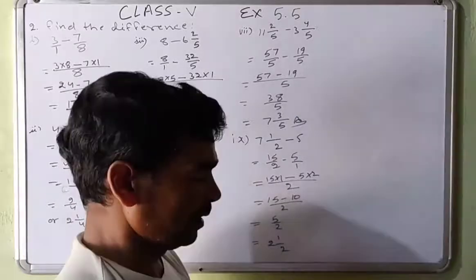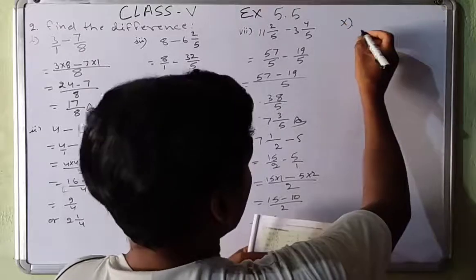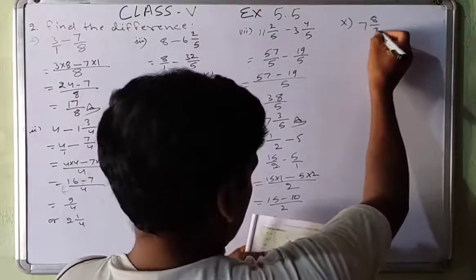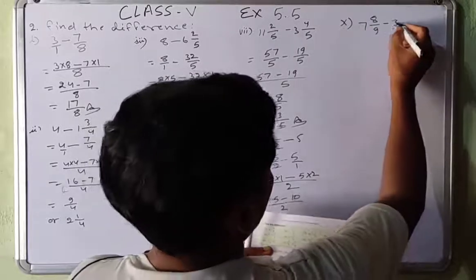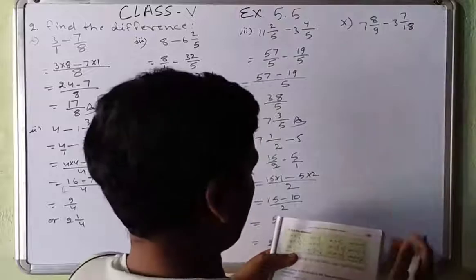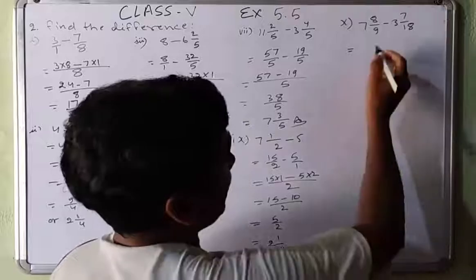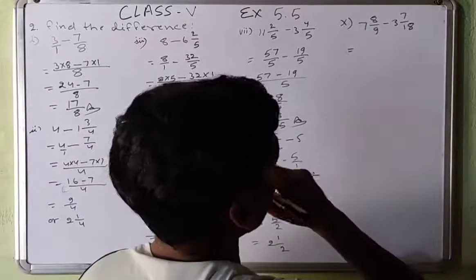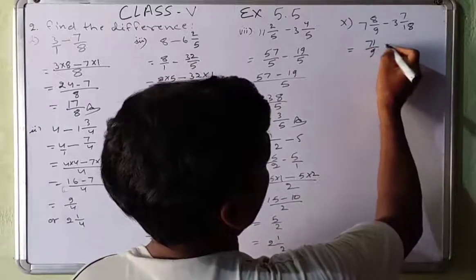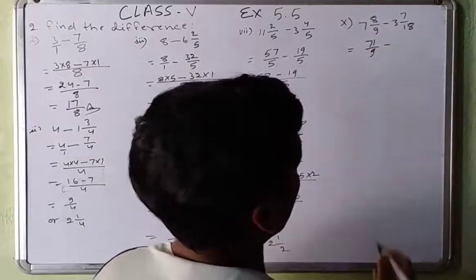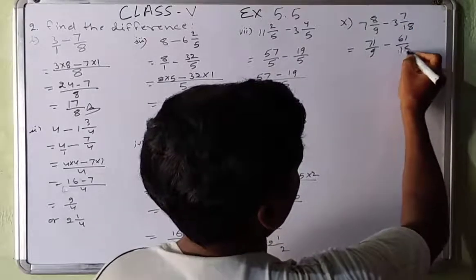That's the 9th done. Now the 10th part, 7 whole 8 upon 9 minus 3 whole 7 upon 18. We will convert into improper fractions. 9 sevens are 63, 63 plus 8, 71 upon 9 minus 18 threes are 54, 54 plus 7, 61 upon 18.